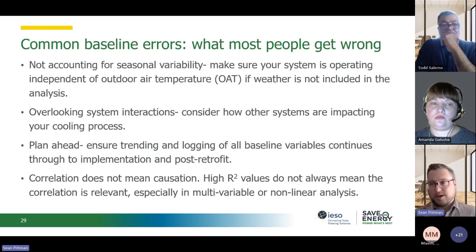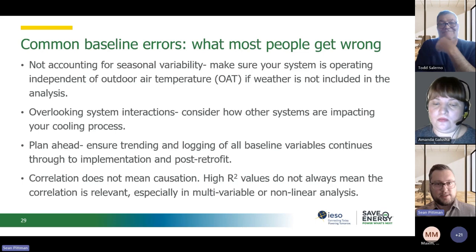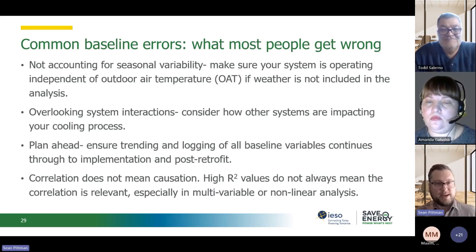And lastly, correlation does not mean causation. We could have an entire webinar series on statistics and what R squared means, and T stat and P stat and all of that. But suffice to say that a high R squared does not always mean that the correlation is relevant. There are ways to make Excel go to the nth degree of multivariable regression that shows a high R squared, and that does not always mean that it is a reliable formula to use.